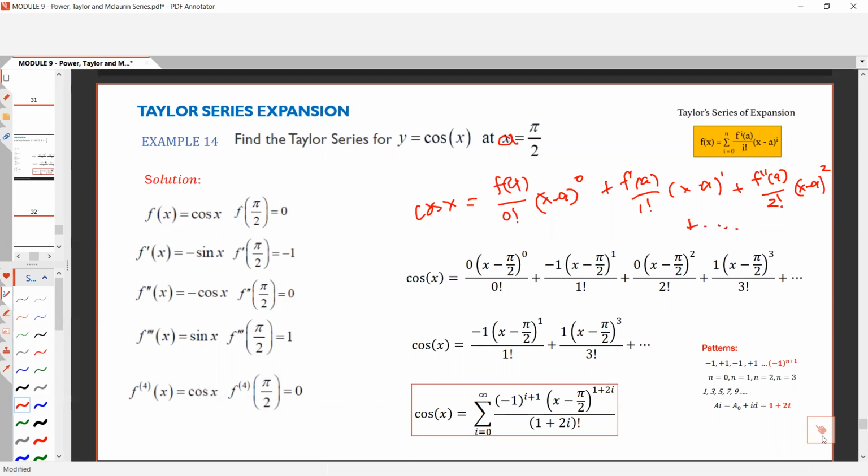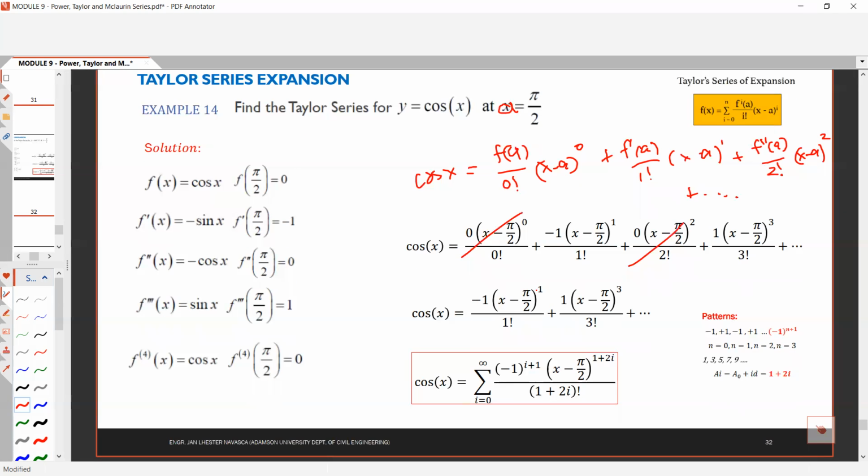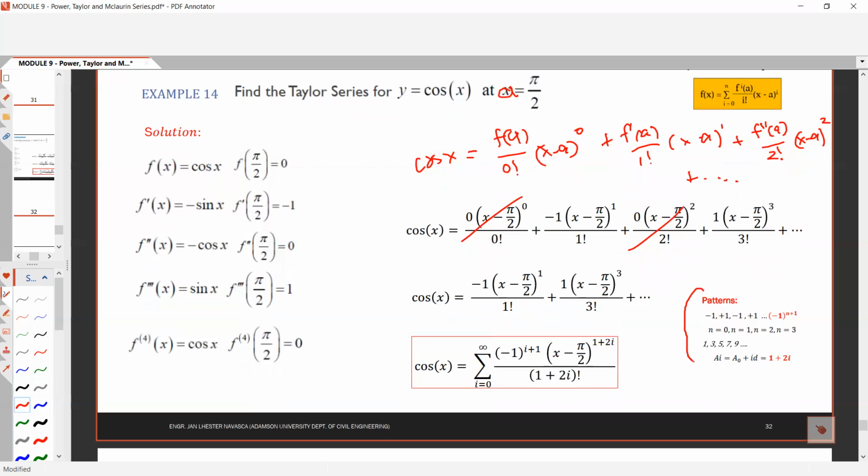Okay? So if we substitute all these terms, ganito yung natira. So all the, sorry, all the even numbers are 0. Yan na 0 to lahat. Okay, so masi-0 dyan 0, 2, 4, 6, 8, 10. And what you have left is 1, 3, 5, 7, 9, mga ganyang powers. Okay. So the patterns will be this one.